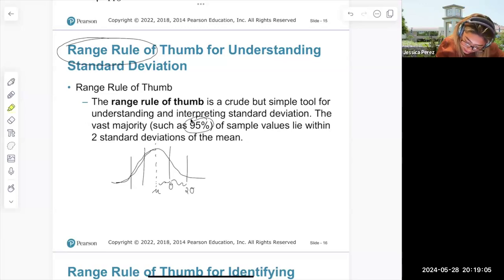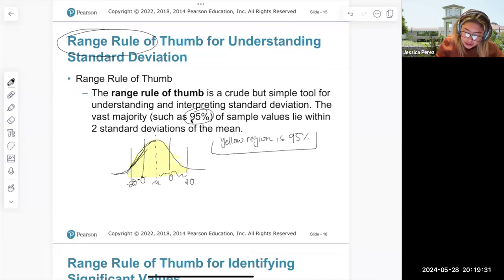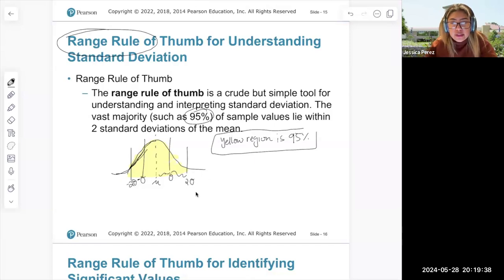So what this is saying is that 95% of the whole tally, the shaded region, between negative 1 and negative 2 standard deviations away, this yellow region, makes up 95% of your data. 95% of those samples lie within 2 standard deviations away from the mean. That's this interpretation.